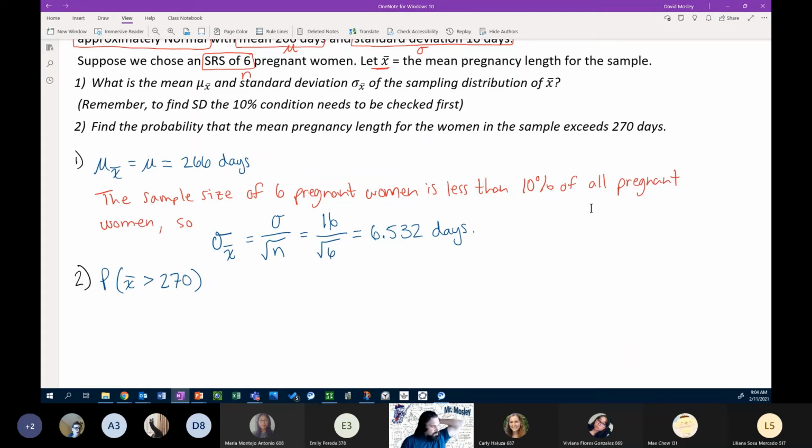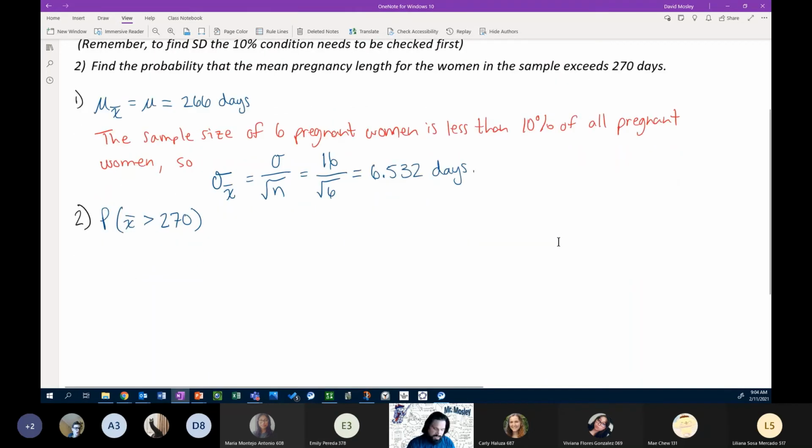We need to confirm that this can be done. Now, we know that our population is approximately normal, so our sampling distribution is going to be approximately normal. So we can calculate this using our normal distribution. Good news, that means we use table A, we standardize our score, and we do all those fun steps.